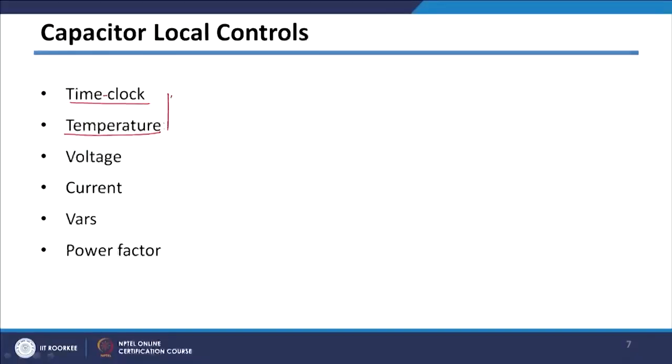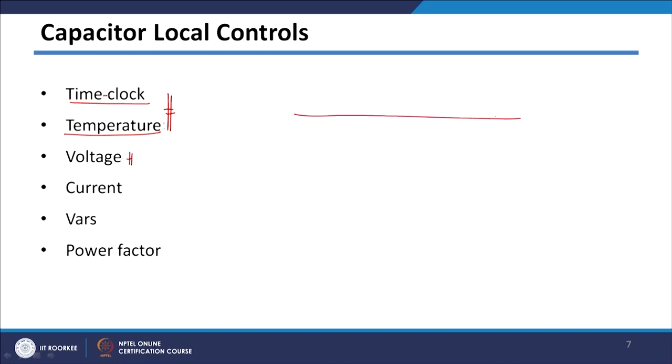If it is less than 30 degrees Celsius, the capacitor will be off, because we are considering that on that particular feeder during the summer time the air conditioning load is more. So, this is called temperature based control, and these are the two simplest ways of controlling it. We do not need to give any measurement to this one, only temperature will be measured, and the other is just based on clock.